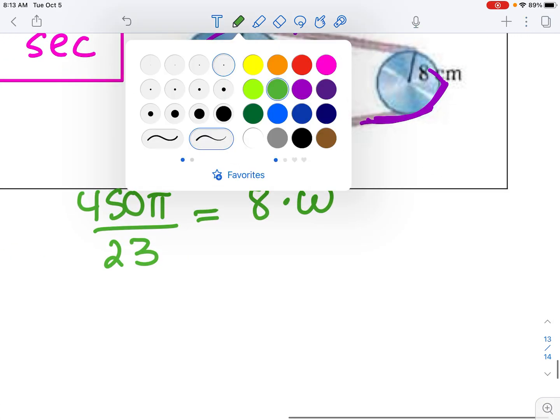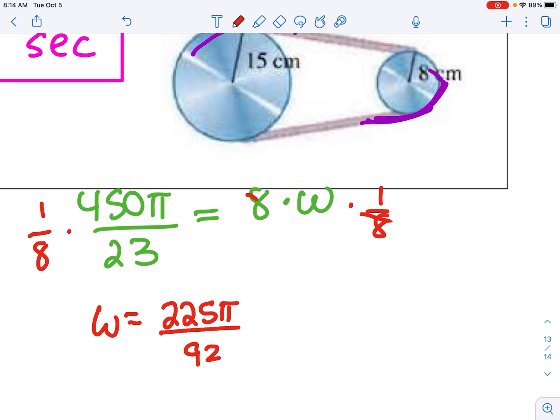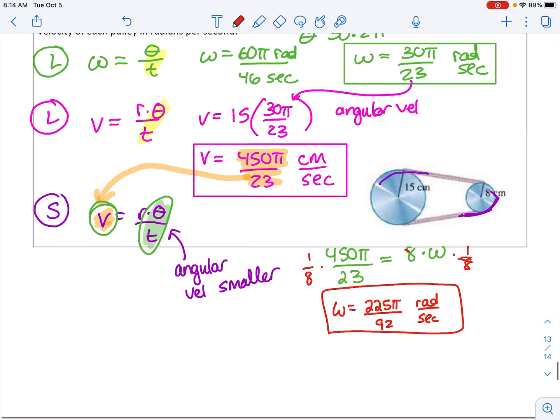To finish getting our angular velocity by itself, you can multiply by 1/8. And our angular velocity will simplify to 225 pi over 92 radians per second, and that would be the angular velocity of the smaller.